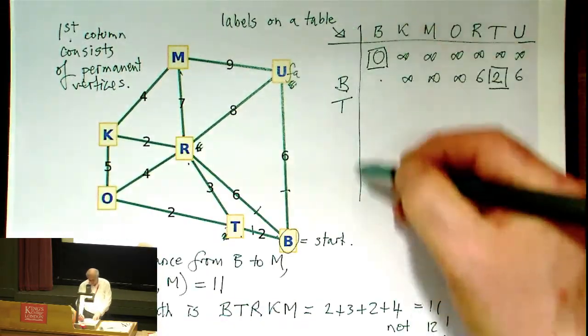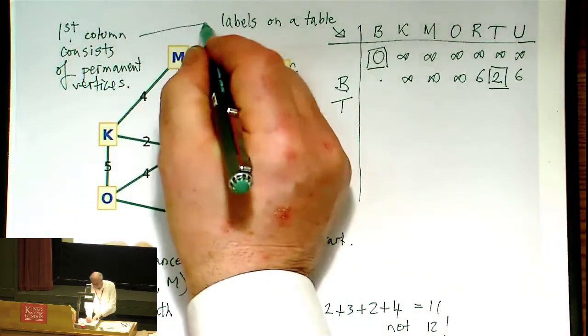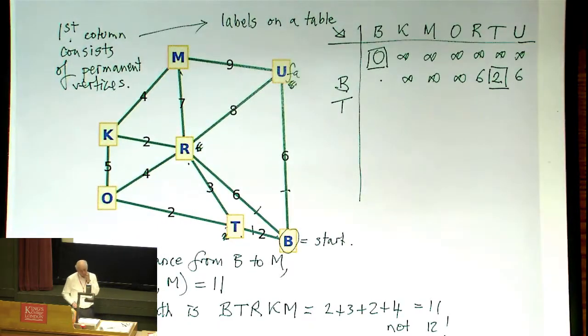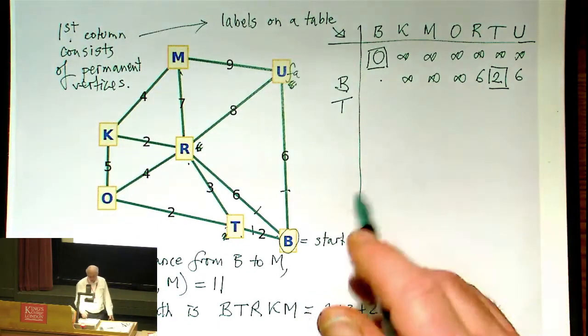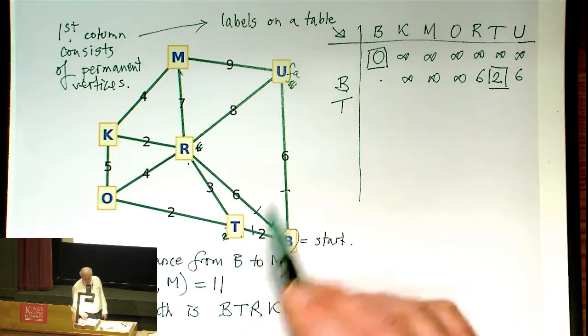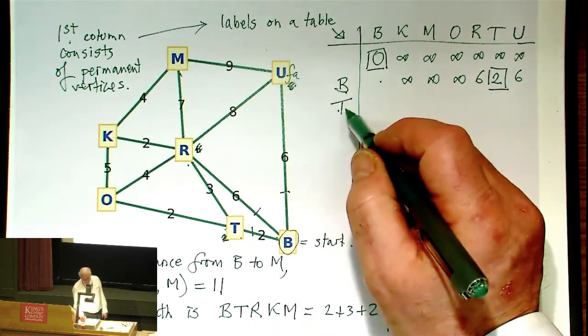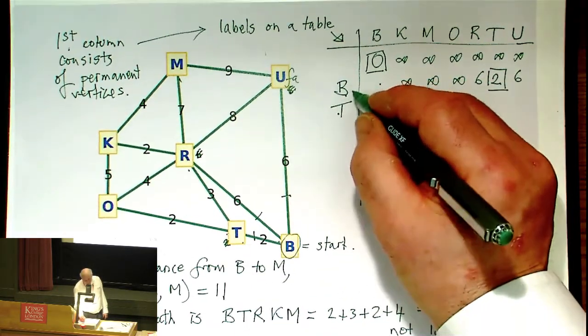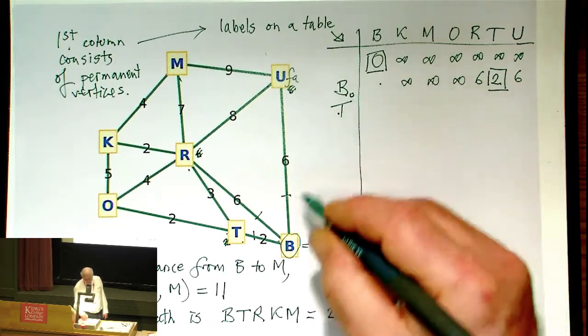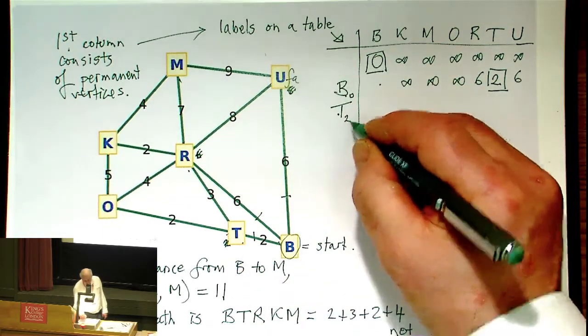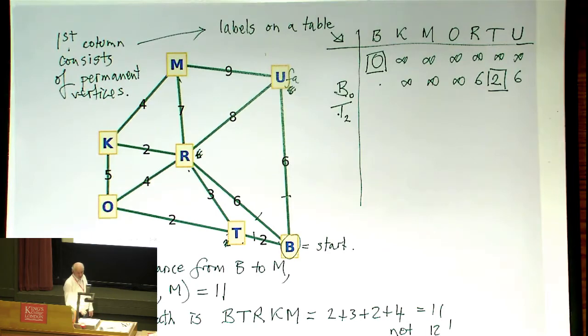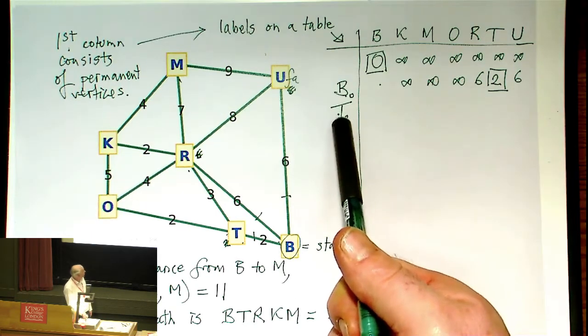T has been put on the left, and so has B. Obviously B to B is 0. The distance from B to T is 2. I can put it as a subscript if you like. So this 2 is the correct shortest distance.